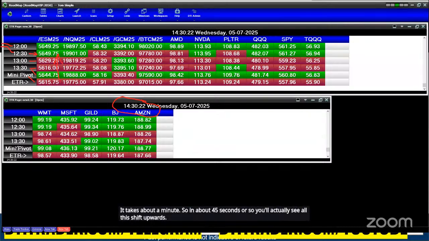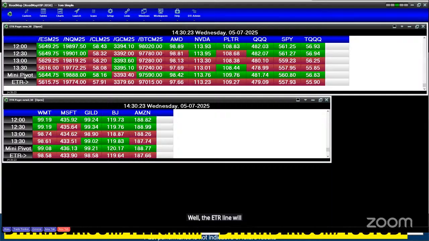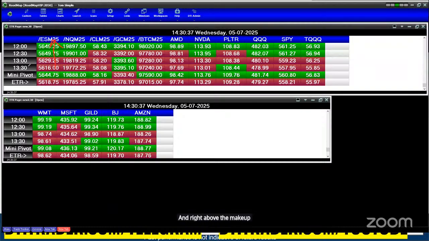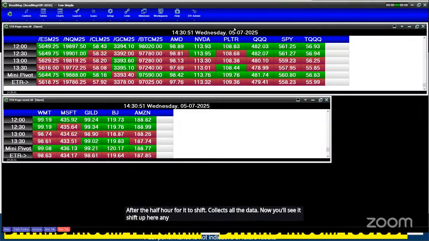Well, the ETR line will stay where it's at, but the mini pivot will now become the 2:30 Central open. You'll see the rest of these shift upwards. And right above the mini pivot, you'll see 1400 here, and then 1330, 1300, 1230, and so forth. So it takes about a minute after the half hour for it to shift, collects all the data, then you'll see it shift up here any moment now.